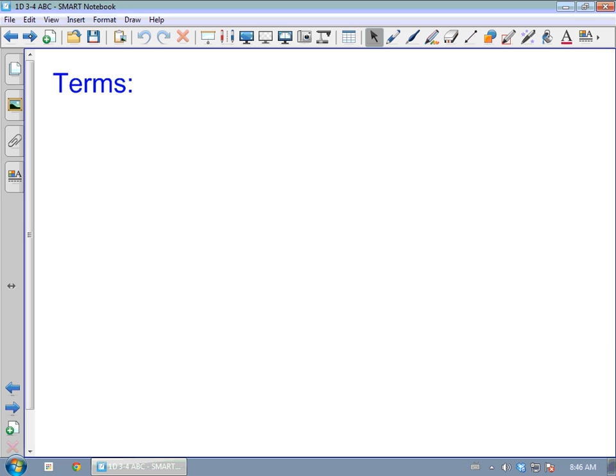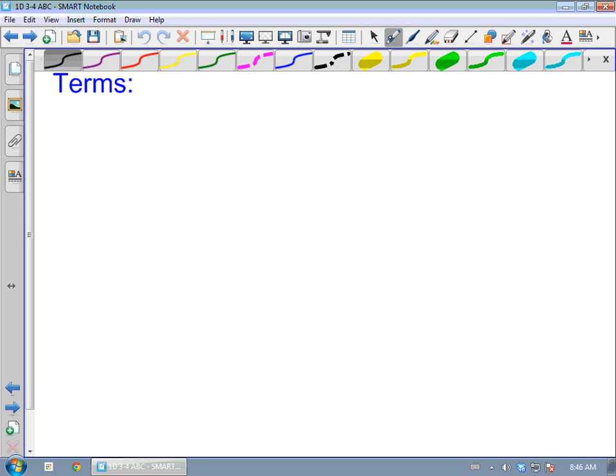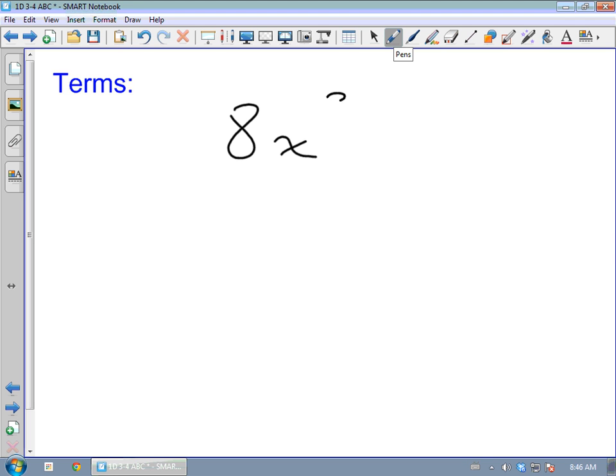So where we're going to start here is we're just going to remind ourselves what a term is. We looked at terms in the last lesson, and we said that a term might be something like this, okay? And we talked about what the parts of it were. We said that this number out in front was the coefficient.